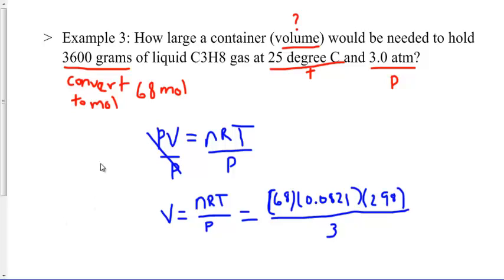So the n that we calculated from the 3,600 grams is 68 moles. Times R is the 0.0821 times temperature 25 plus the 273 gives us 298 over pressure is 3. How many sig figs are we going to want here? 2 sig figs gives us 560 liters, and that's the ideal gas law.